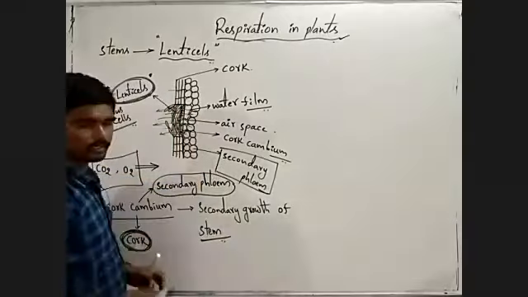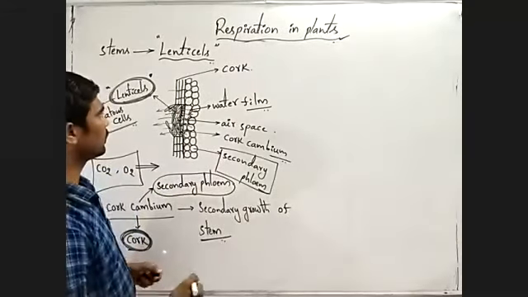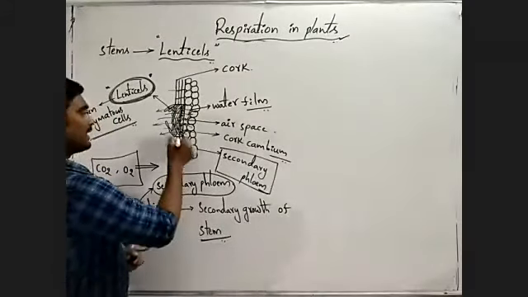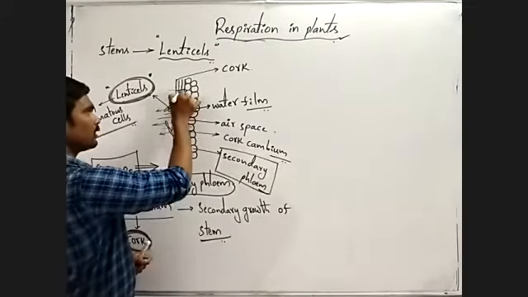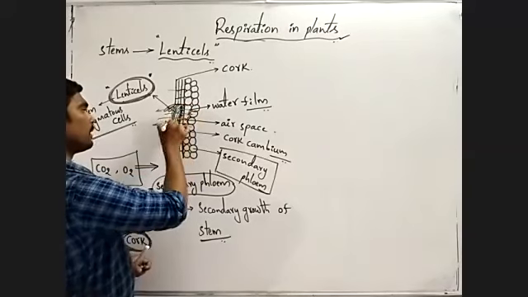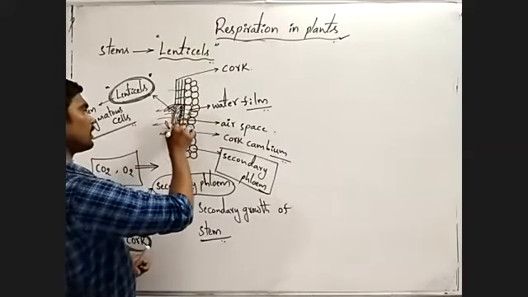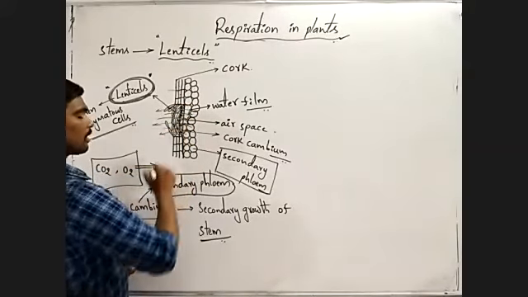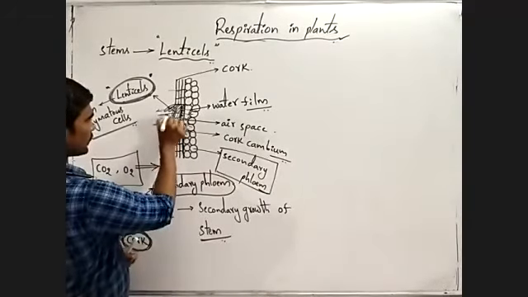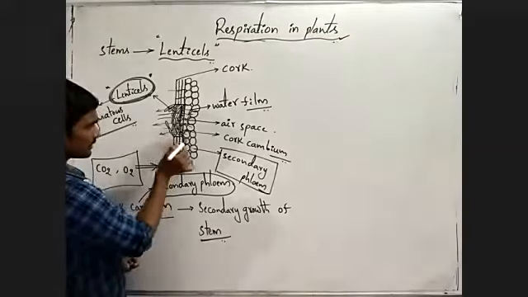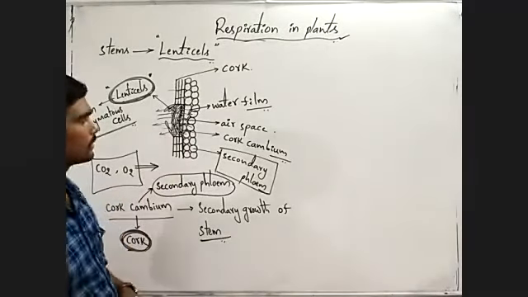But here and there, instead of the cork, some parenchyma cells are developed from the cork cambium. Through these parenchyma cells, gases can exchange.